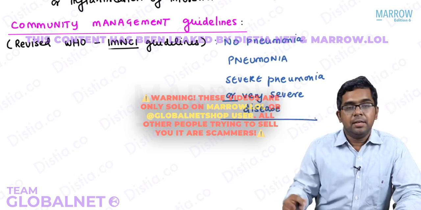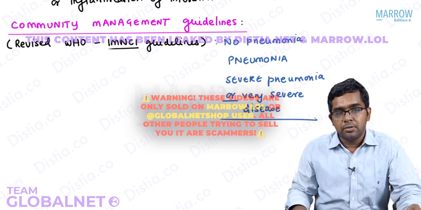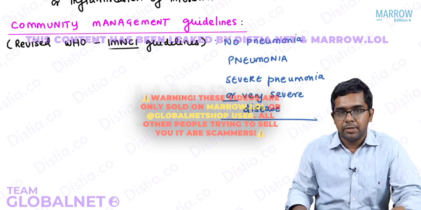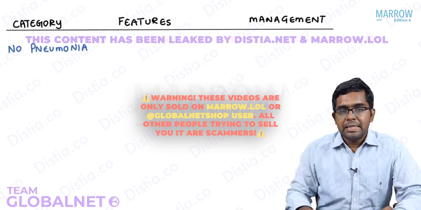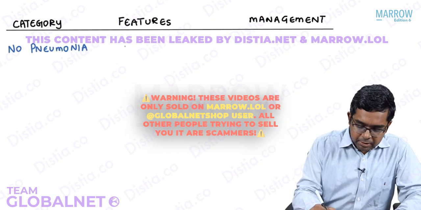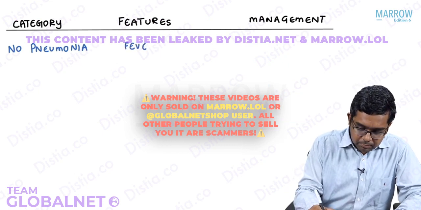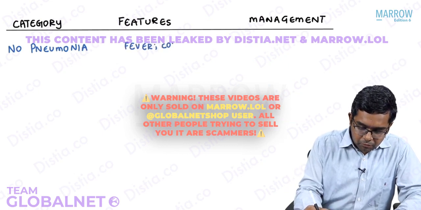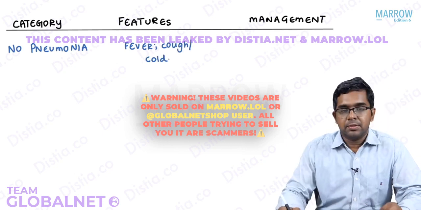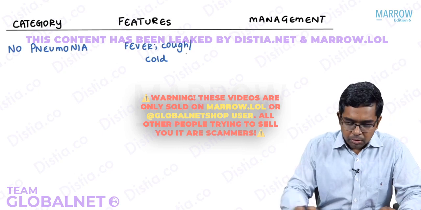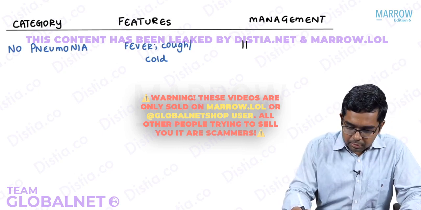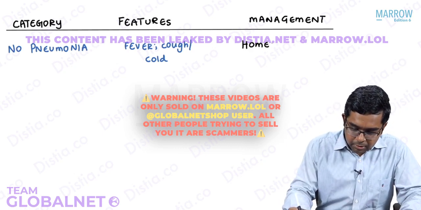Let us see in detail about the features of each of these categories and management of them. The first category is no pneumonia, which is characterized by only fever, cough or cold. There are no other associated features. It's called no pneumonia. No pneumonia is advised home management.